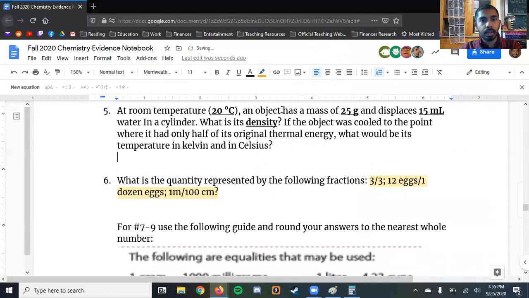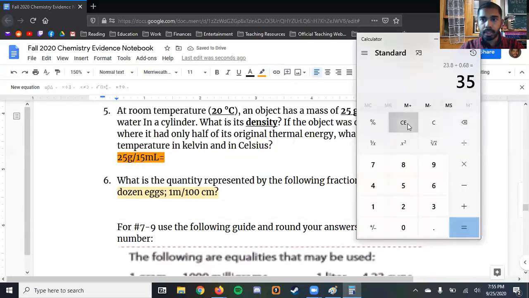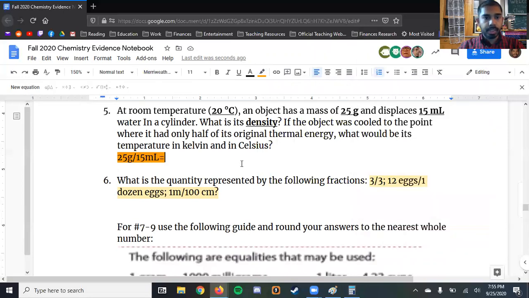That is grams per milliliter. So 25 grams divided by 15 milliliters. Well, that's going to give us our density. So we'll go ahead and clear everything. 25 divided by 15, 1.66 or 1.67 grams per milliliter. So that's our density.